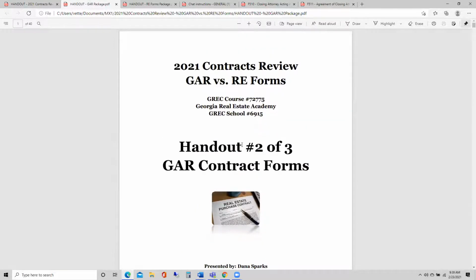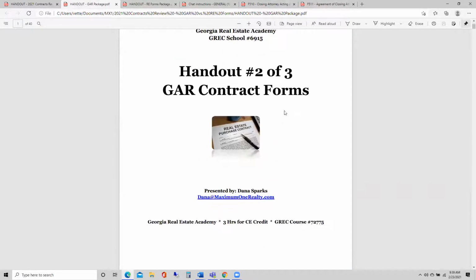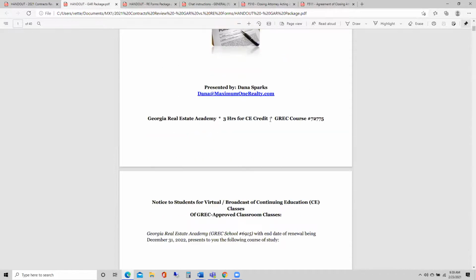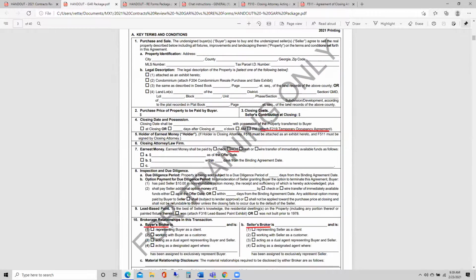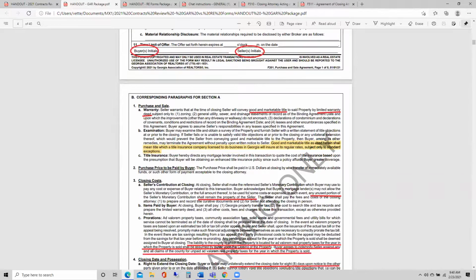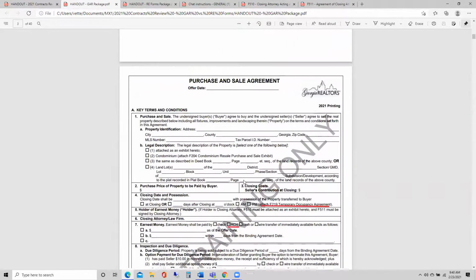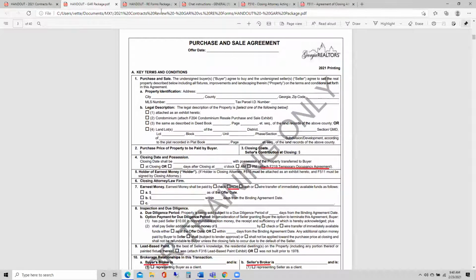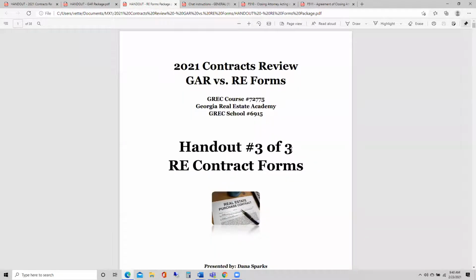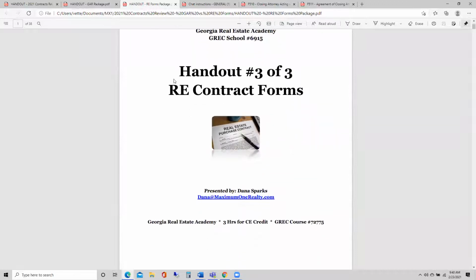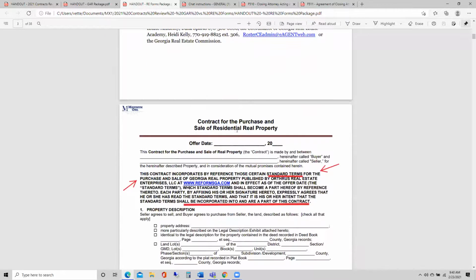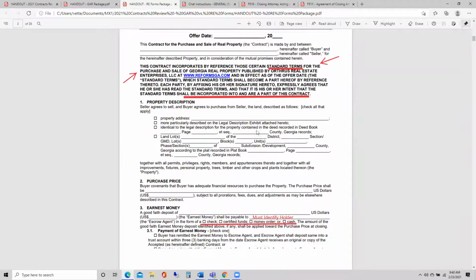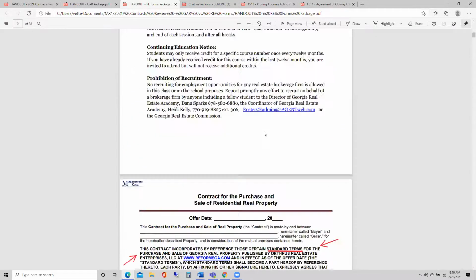See where it says handout number 2 of 3? This is the package of the actual GAR contract forms with all of my underlines and my notes, so I can show you exactly where it is that we're talking about. And then this handout number 3 of 3 is the RE contract forms, with all my notes and underlines, and where you can find everything.